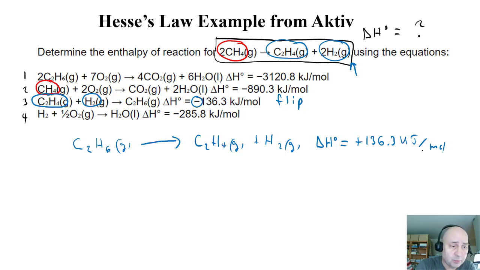And so if you look everywhere for products and reactants, because the substances can be part of several reactions here. And so here we go. We also have that in equation number 4. So we're going to have to reverse that as well. So H2O liquid goes to H2 and O2, and they left the phase label out. Not that that's important.